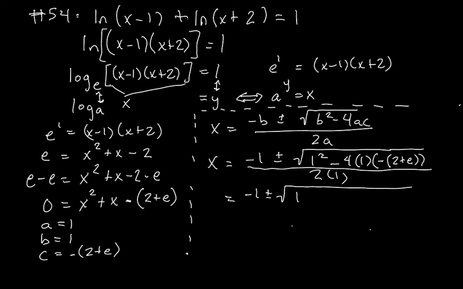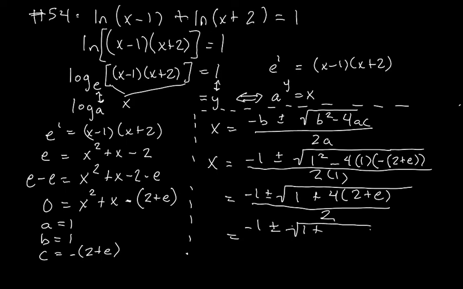So we notice that we have a negative here and a negative here. So that's going to cancel and become a plus 4 times 2 plus e all over 2, which is negative 1 plus or minus the square root of 1 plus 4 times 2, which is 8, and 4 times e is 4e, all over 2.